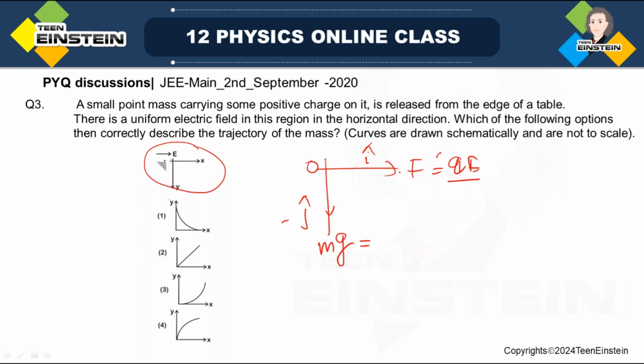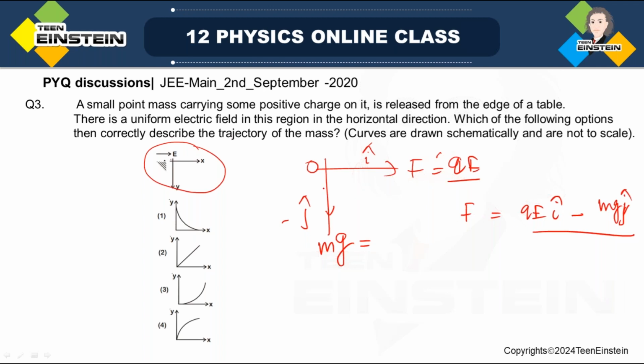So you can understand that this particle will undergo its motion under the action of a force given by QE i cap minus mg j cap.